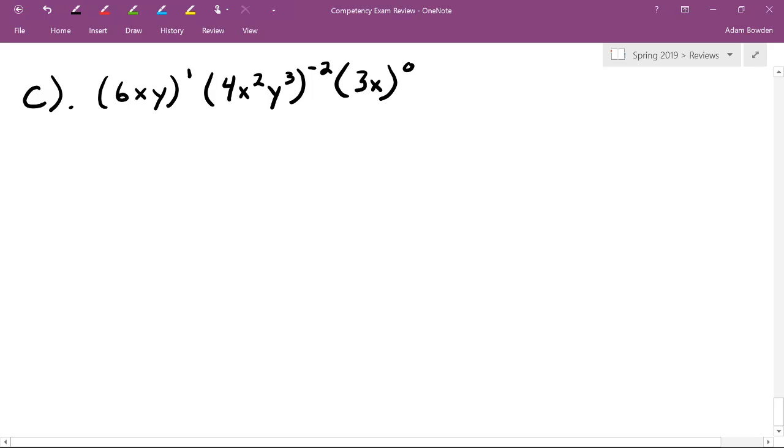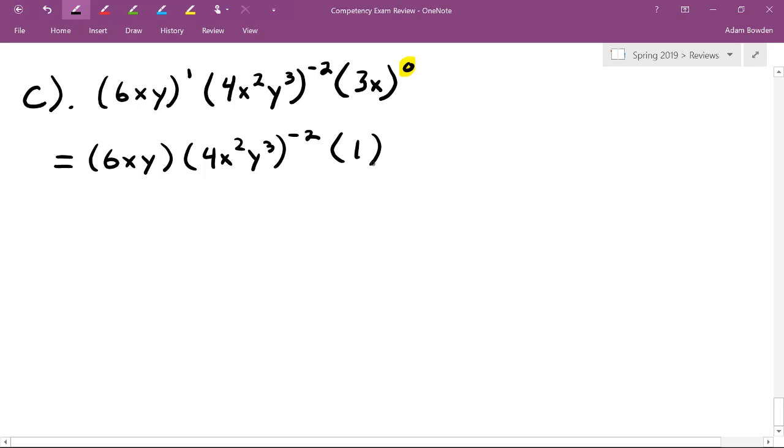On this example, we're going to have a few different exponent rules to take care of. The first thing I would suggest doing is taking care of everything raised to the 0 power. Anything raised to the 0 power is 1. So what we're going to do here is make this 6xy, 4x squared y cubed to the negative 2, and then that's all multiplied by 1.